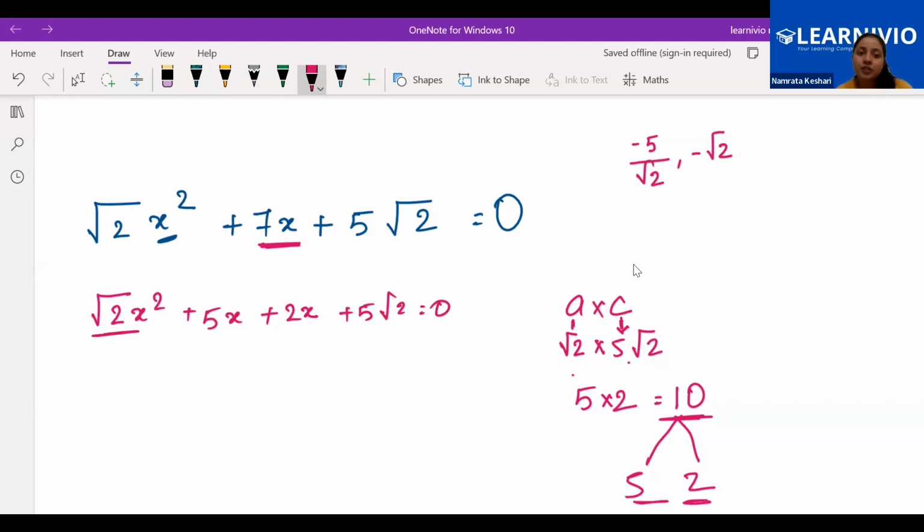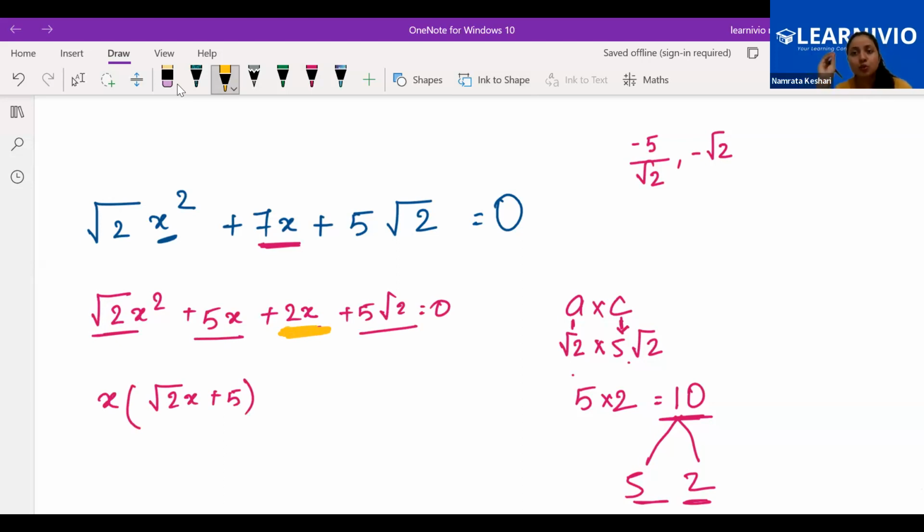Now from this one and this one we can see only x is common. So what is remaining? Root 2x plus 5 is remaining. From this one and this one we can see that we can take out root 2 as a common factor because the first term, if you are not getting, see it carefully, the first term is only 2. Only 2 is the combination of root 2 into root 2.